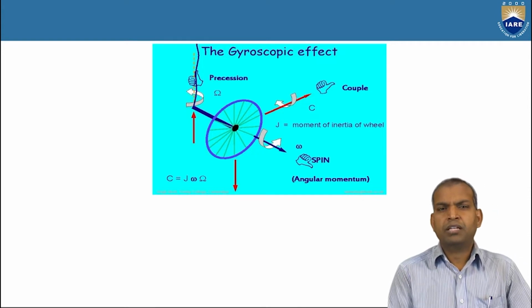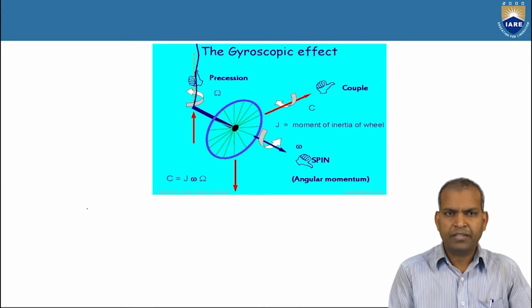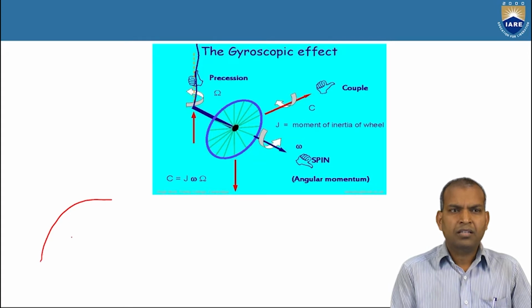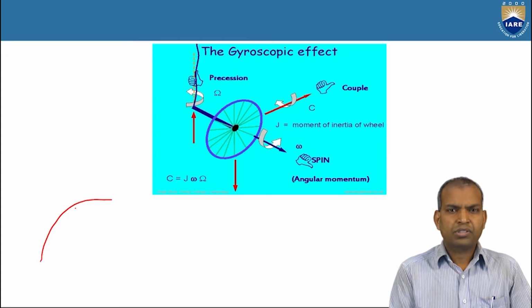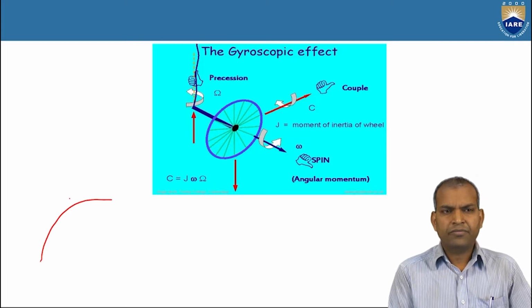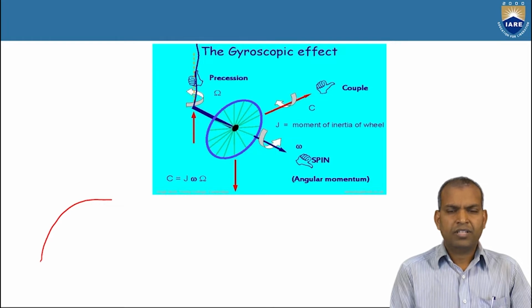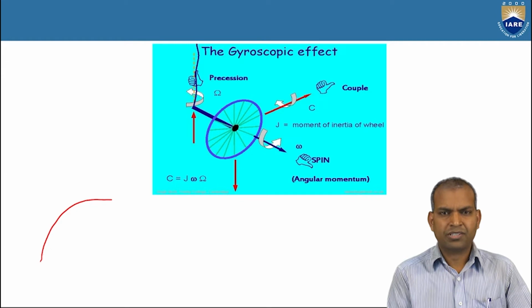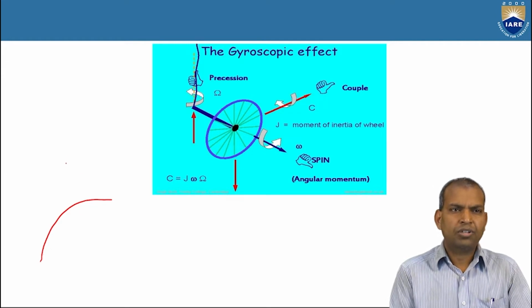If you are traveling in a curved path on a two-wheeler, what will happen? There is a force which acts towards the radius. That force is called centripetal force.